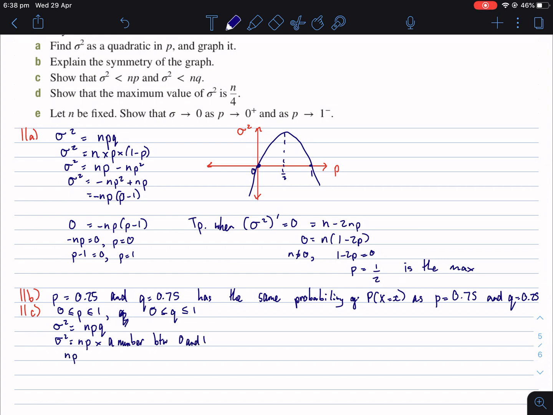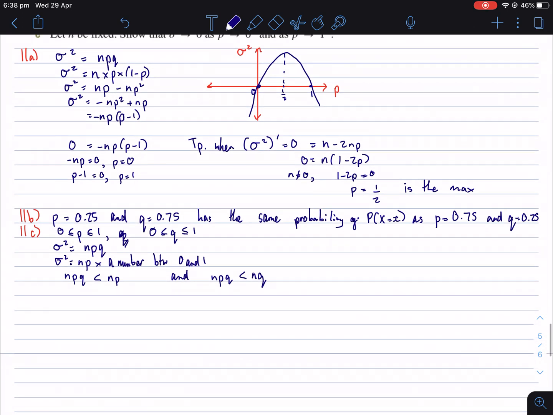So NPQ is going to be less than NP, and NPQ is going to be less than NQ, because P is between 0 and 1, and Q is between 0 and 1. So timesing something by a number between 0 and 1 gives you a smaller number. So sigma squared is less than NP, and sigma squared is less than NQ.